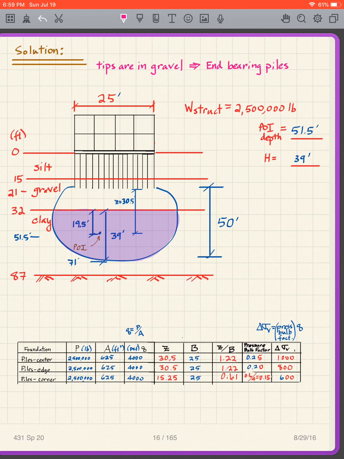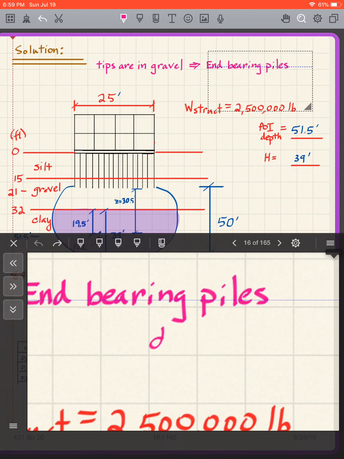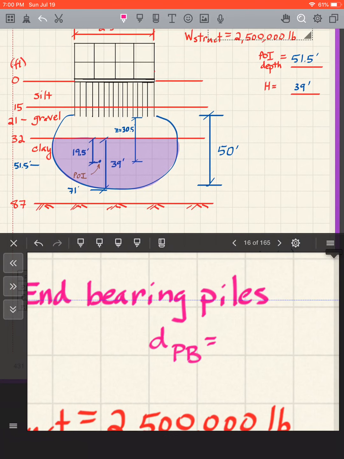So the depth to the bottom of the pressure bulb is equal to 71 feet. And the depth to the top of the clay is 32 feet.